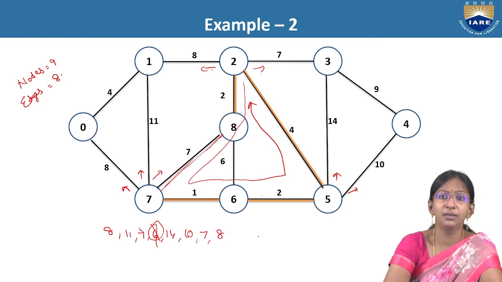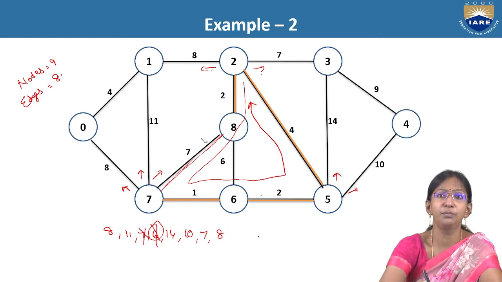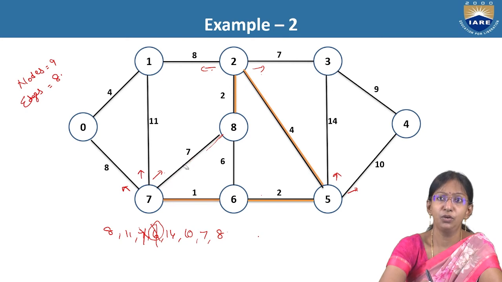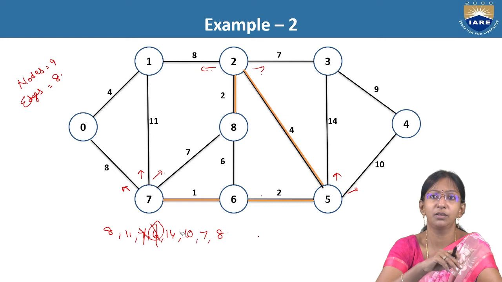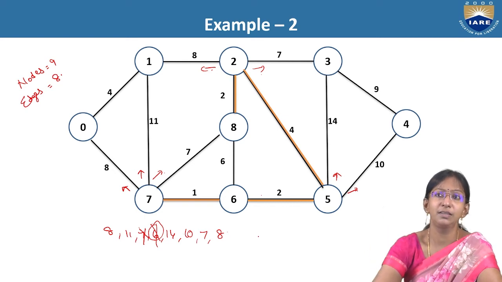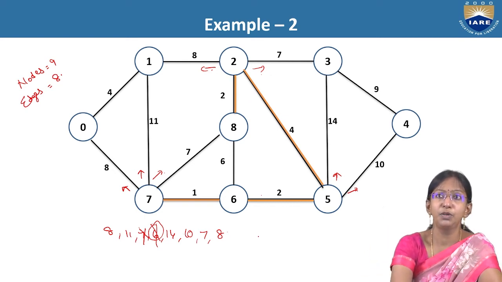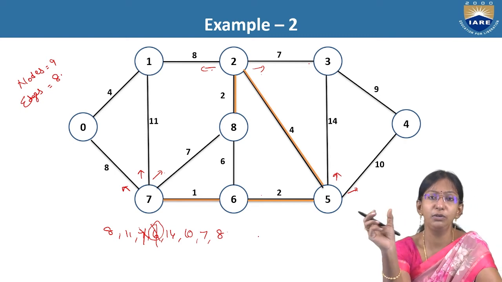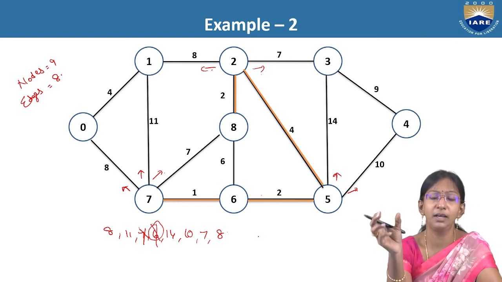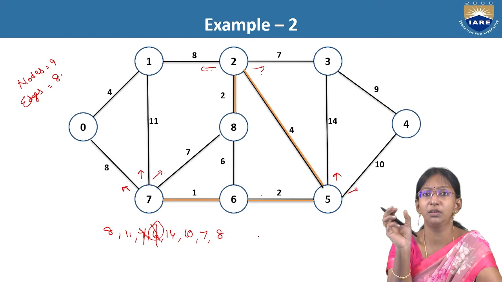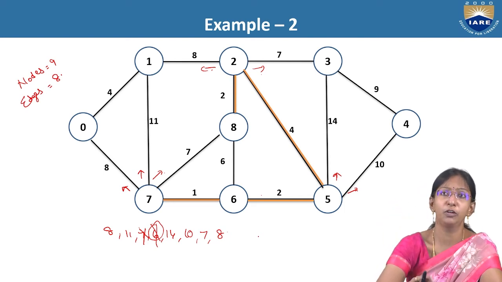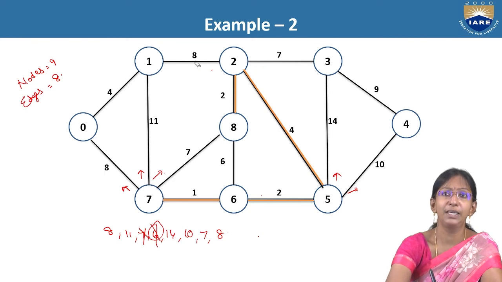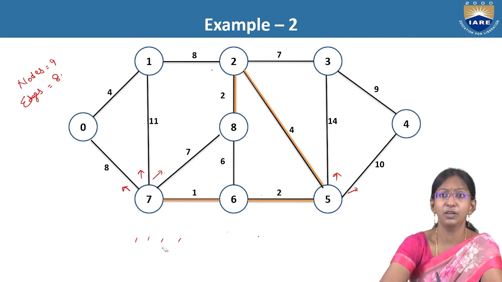Even this weight 7, between your nodes 7 and 8, cannot participate in this spanning tree. The next least one is another 7 which is between 2 and 3. If you include the edge between 2 and 3 bearing a weight 7, is it going to form a cycle? No, it is not going to form a cycle. So we can add it. Selection is done. Add it.